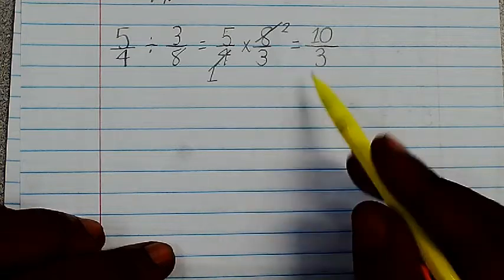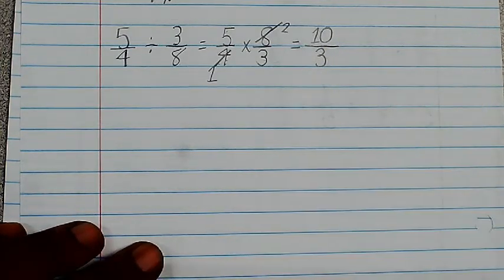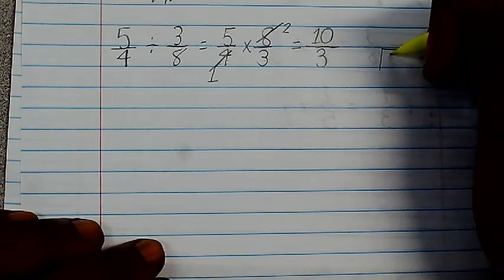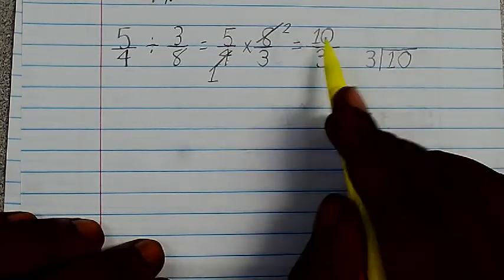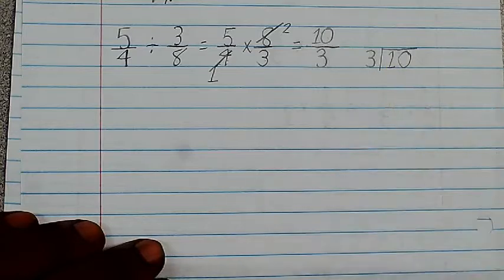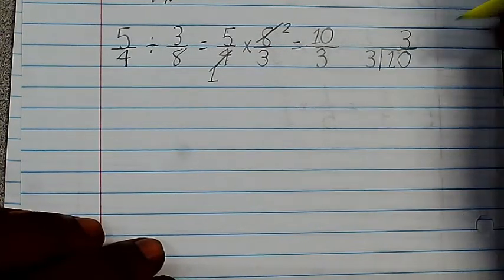But then again, we have an improper fraction, so we have to change that into a mixed number. So here we have 10 and 3. Numerator goes inside, denominator goes outside. So here we can divide 3 times.